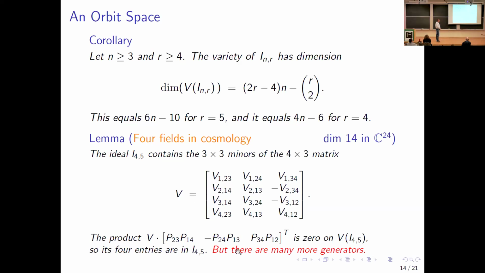And we know many, many generators. We don't have the prime ideal yet. Okay. So the previous two were very, very simple, but we tried, using computer algebra. And so this is the first one where we don't have generators. So it would be very nice to push this a bit further and see how far we can get. Okay. That's 4 fields in cosmology. So this number here is 14, and the number capital N of variables is 24.